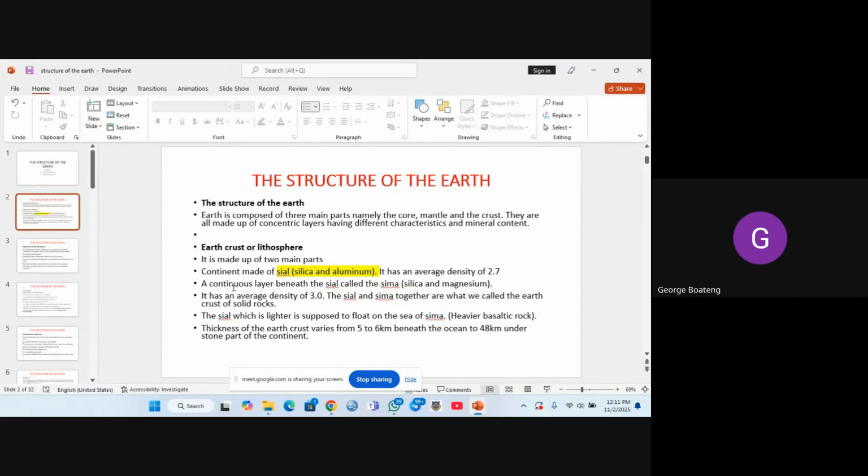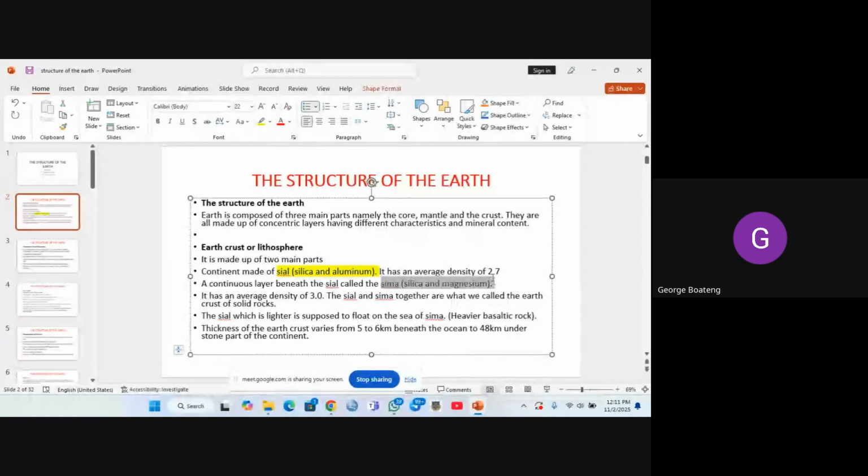So the crust is divided into two main parts. The first one is the sial. Now, we also have a continuous layer beneath the sial, called sima.